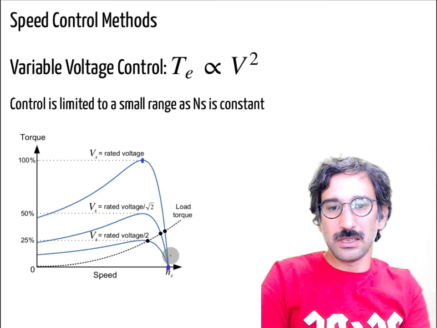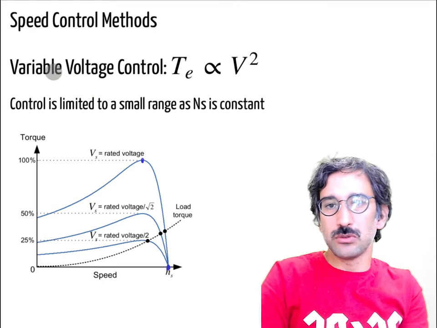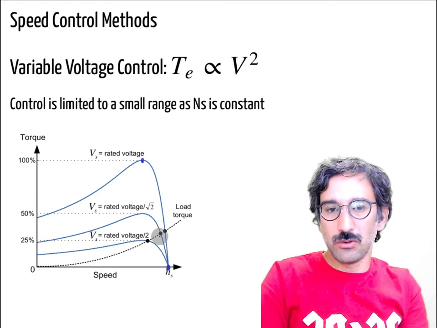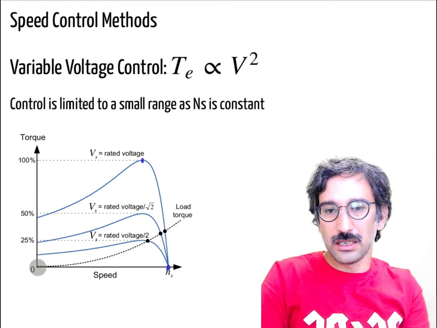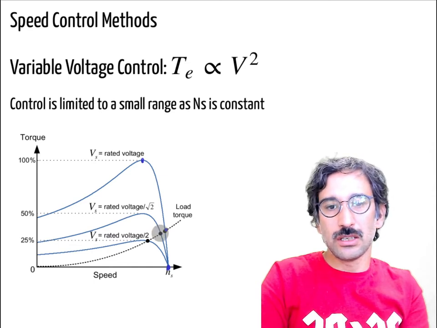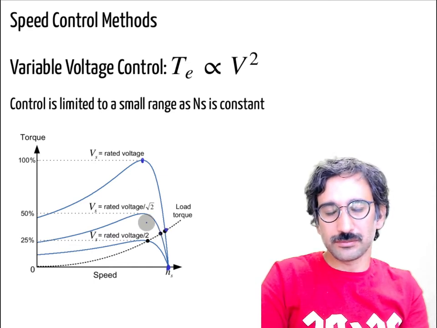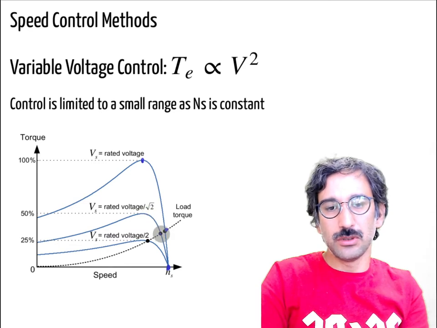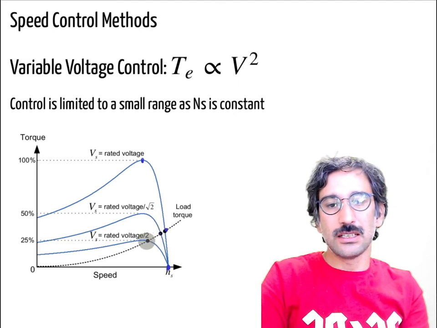So as that one is not changing, if you want to make a speed control using voltage, for example here, if you have a low torque like that, initially you can operate here and you can reduce the voltage to, let's say, 1 divided by square root 2, then you will have a speed control during that range. Or if you halve the voltage, then you will have a speed control range.